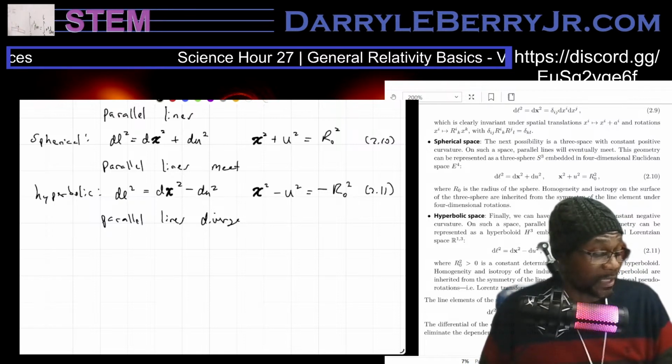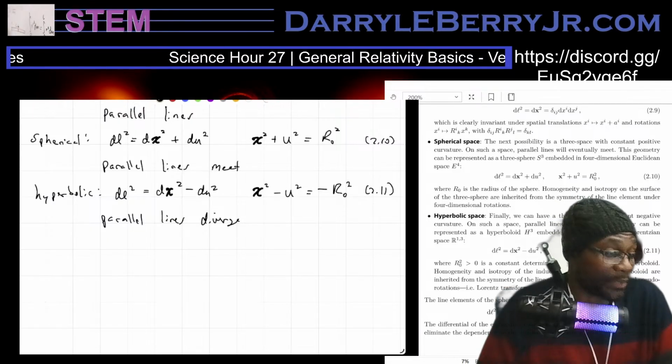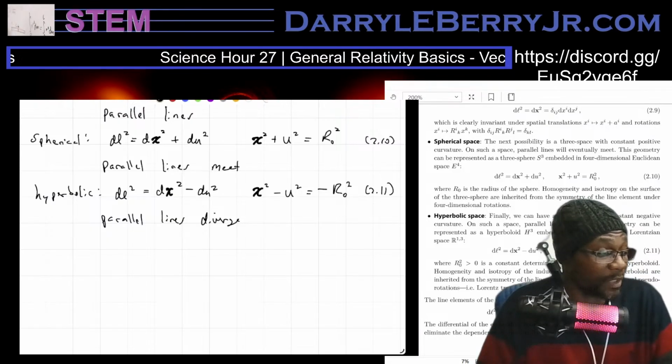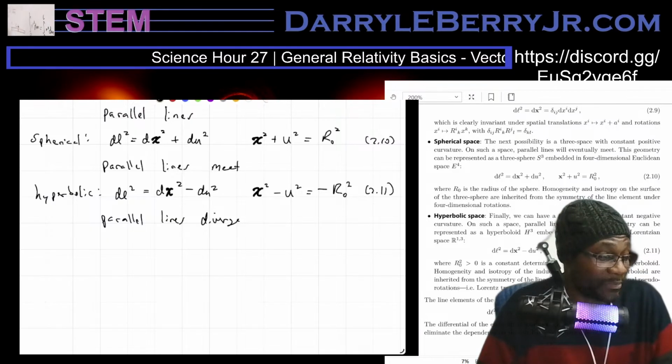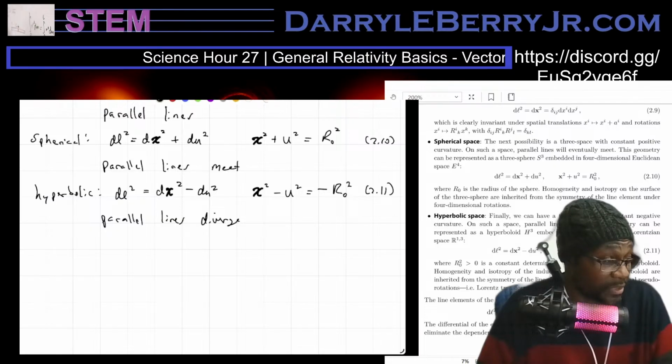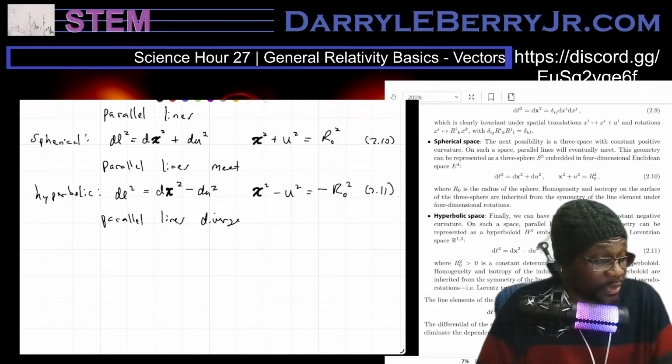Homogeneity and isotropy of the induced geometry on the hyperboloid are inherited from the symmetry of the line element under four-dimensional pseudo-rotations, i.e. Lorentz transformations.